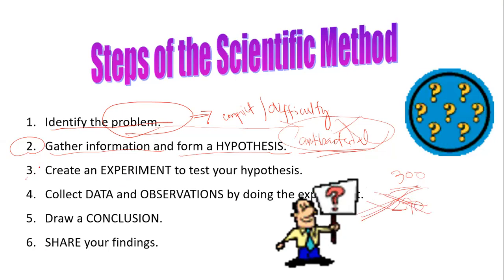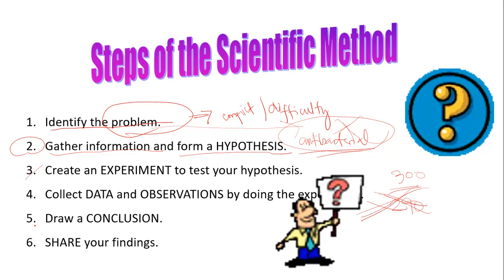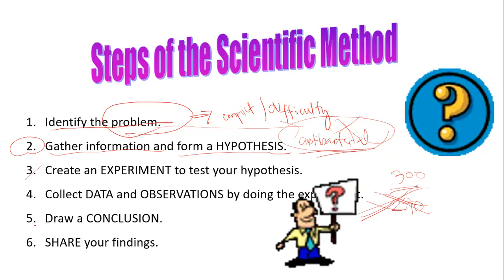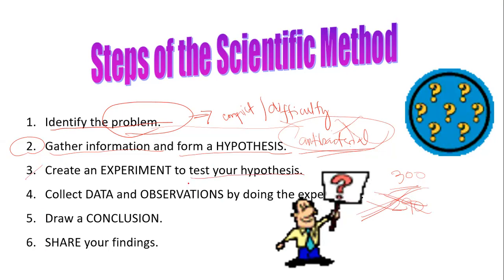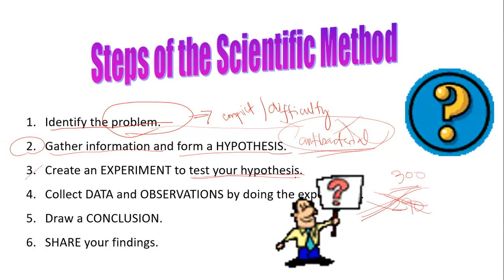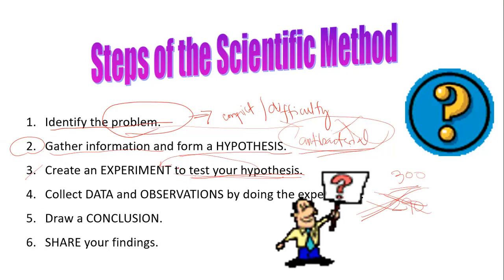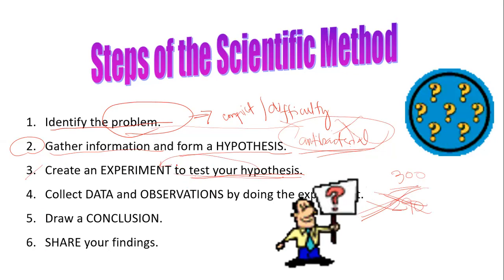Now let's have number 3. After you come up with the information and you formulate a hypothesis, you are going to perform the experimentation, or you need to test the hypothesis. When you say test your hypothesis, it is the conduct of your study, or you need to perform your experimentation.